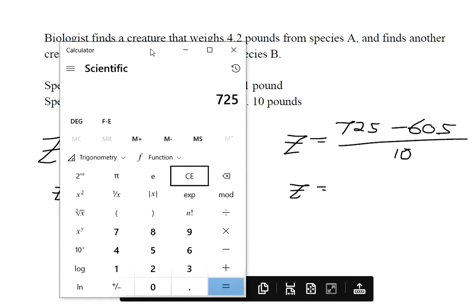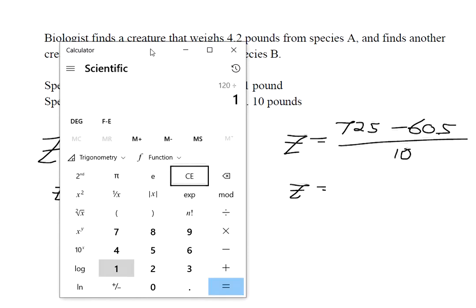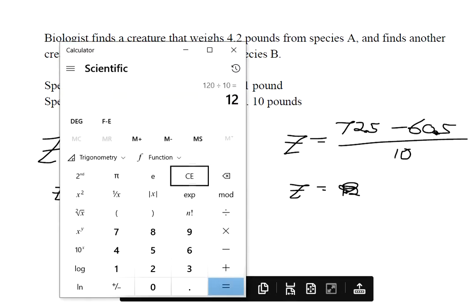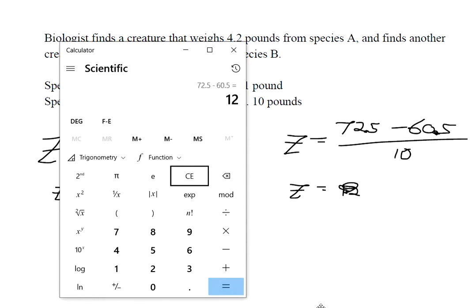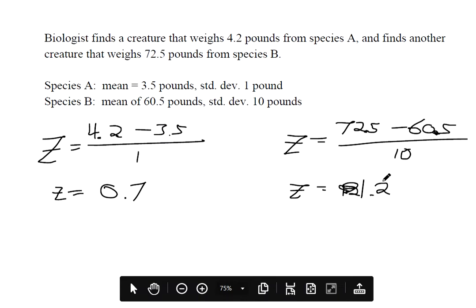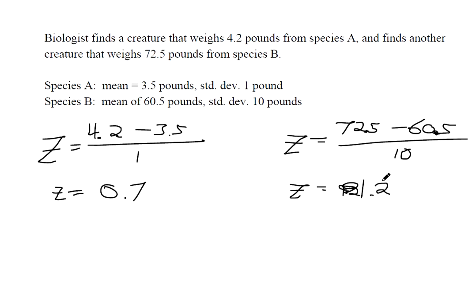Calculate. 72.5 minus 60.5, that's 12. When I do videos, I get all flustered and I miss little things. And divide that by 10. Okay, that makes more sense. So 1.2. Okay, so now the biologist has something to quantify their excitement.